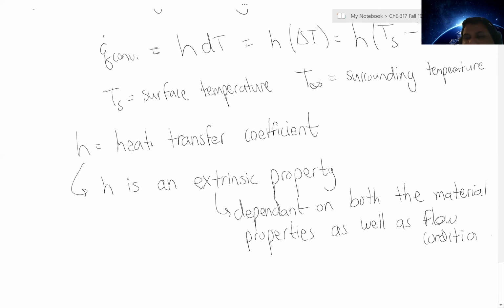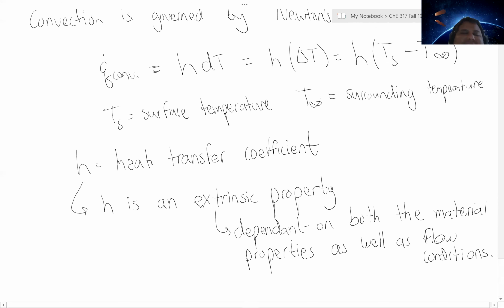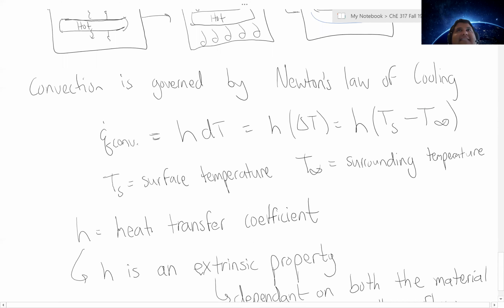And when we really get into convection and heat exchanger design, 80% of the effort typically comes in identifying the heat transfer coefficient, because it is a quest, to say the least, in some problems.